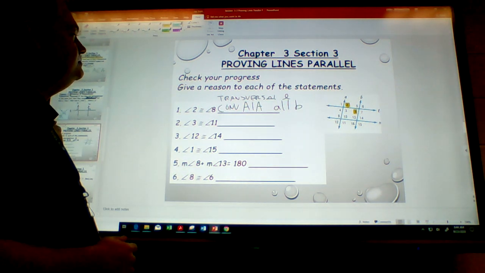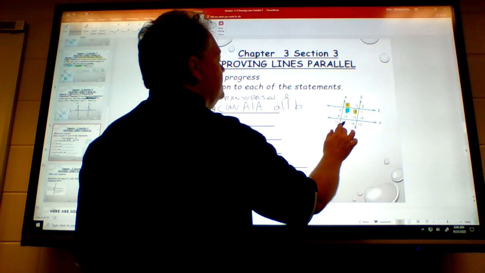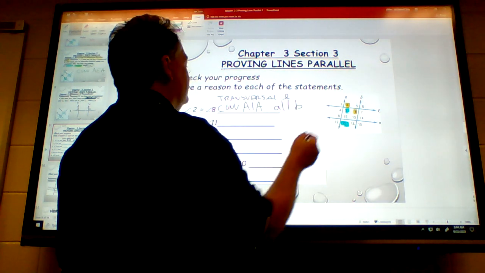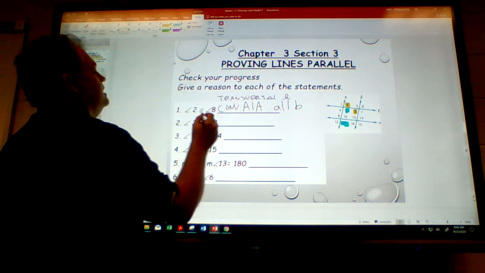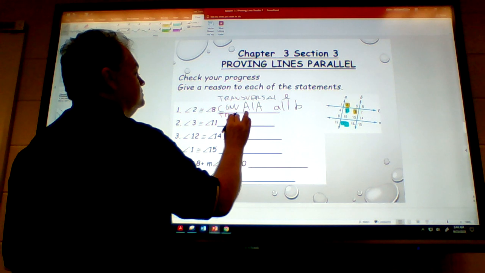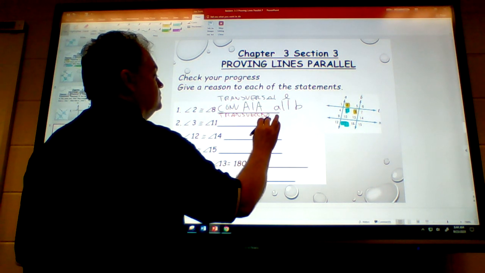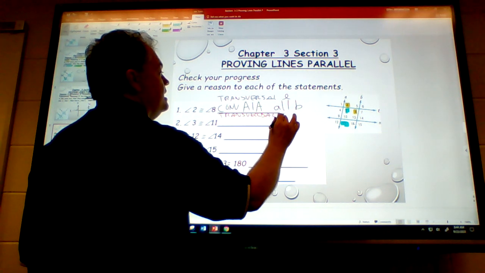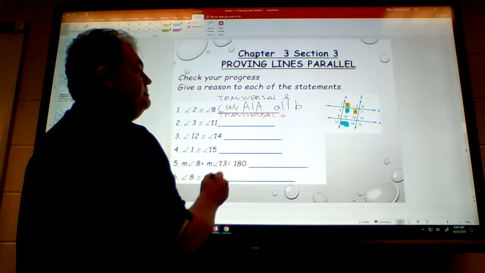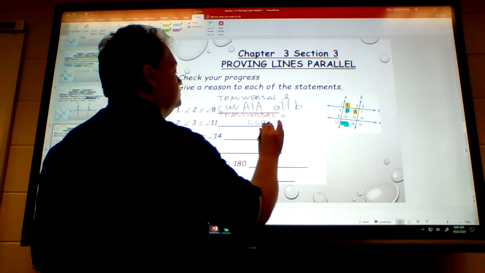All right. 3 and 11. Now this time for 3 and 11, A is the transversal. So that means that these two are corresponding angles.